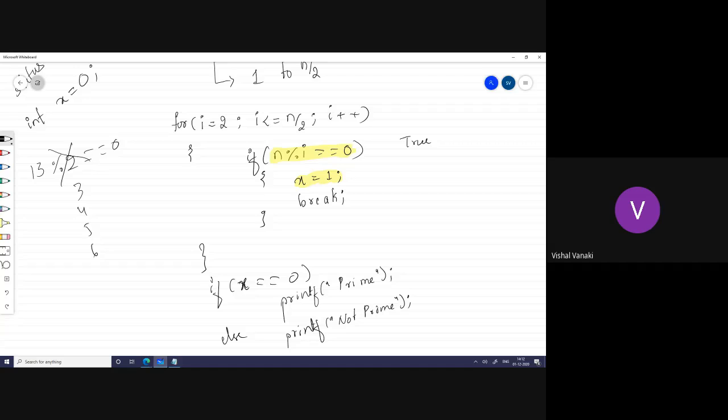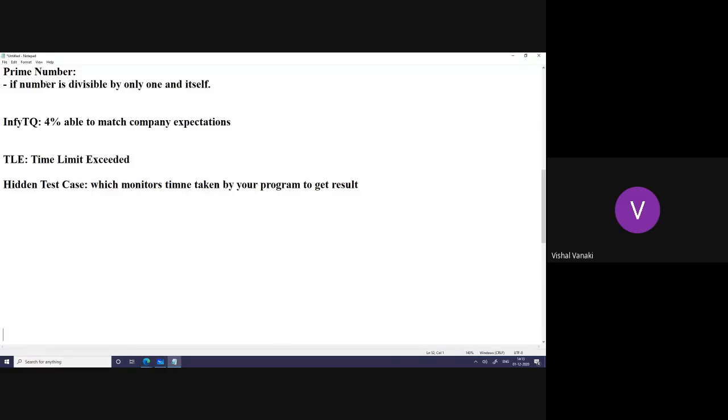The problem with this logic is that it takes a lot of time to check whether one number is prime or not. Now, what are the programs which are associated with prime numbers? Which kind of programs will be asked?